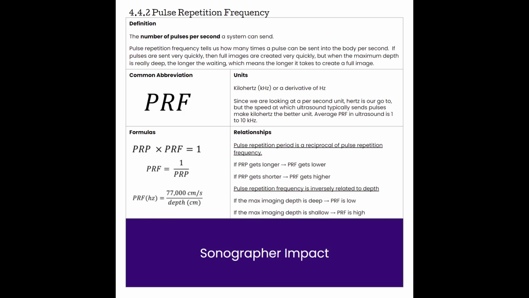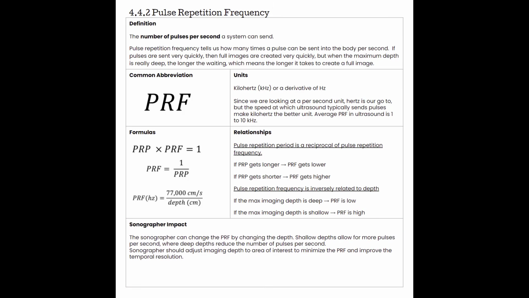We also see that PRF is inversely related to depth. Increase your maximum imaging depth, we're going to have a lower PRF. If you decrease your maximum imaging depth, make it shallow, we're going to have a higher PRF. And again, just like pulse repetition period, you have an immense impact on pulse repetition frequency, all by changing the maximum imaging depth.